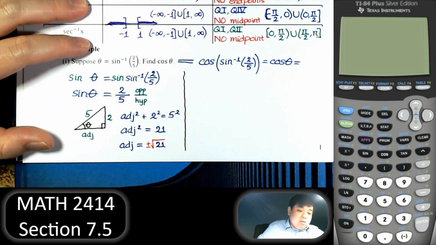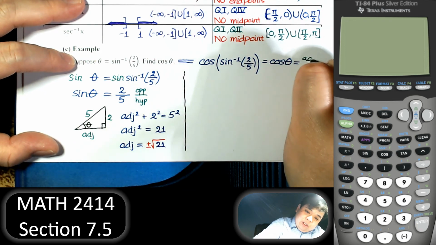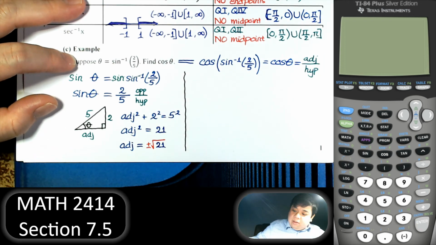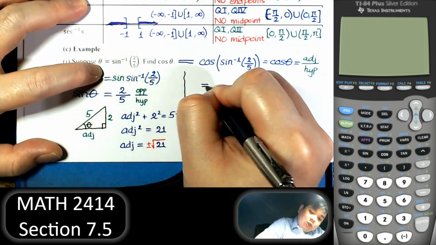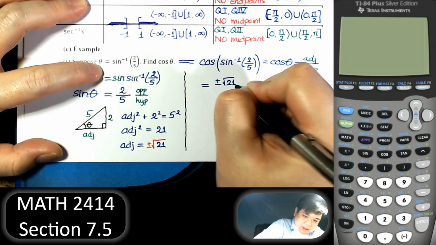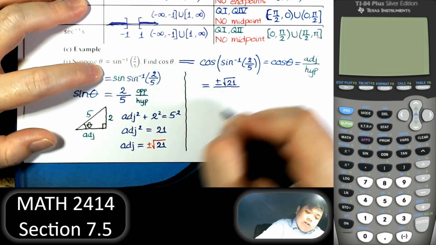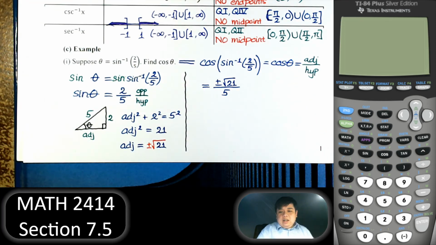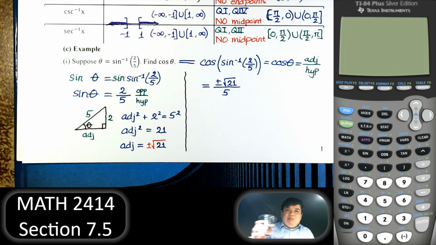The reason we write it like that is because cosine of theta is adjacent over hypotenuse. So adjacent is plus or minus square root of 21, and then over hypotenuse, which is 5. So hypotenuse is always positive. Opposite and adjacent could be positive or negative. Don't forget there's a plus or minus. Okay. But somehow most of these problems end up being positive. Right. So how do we determine this?